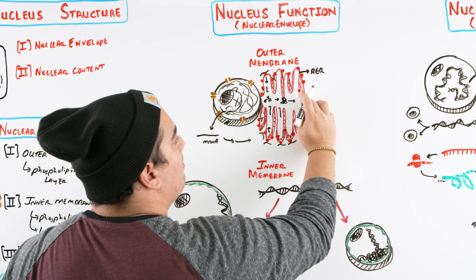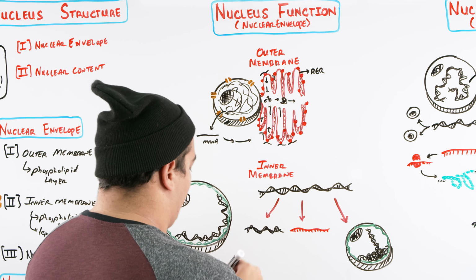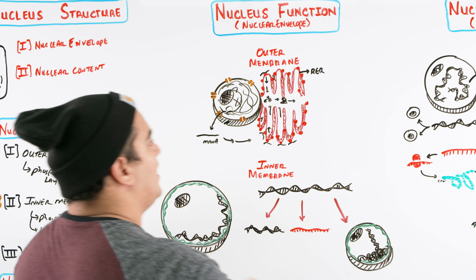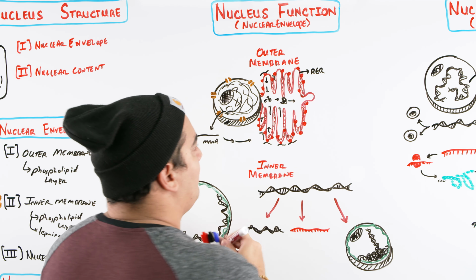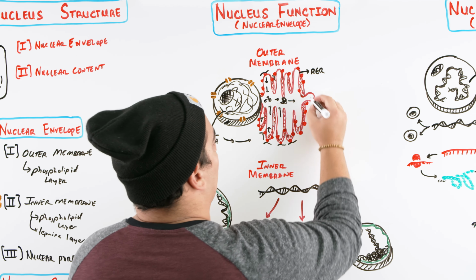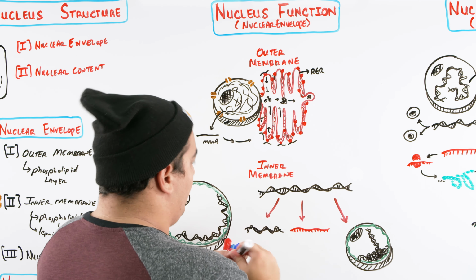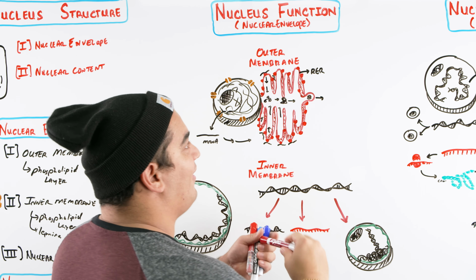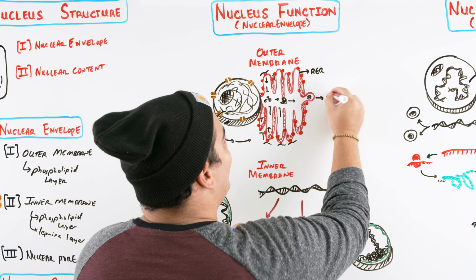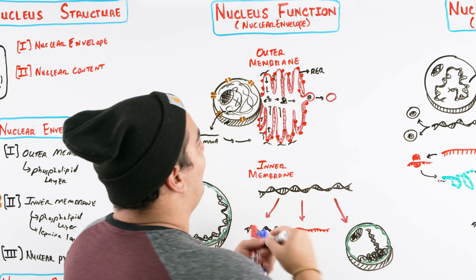Then, when it's done being modified, the ER says, okay, I'm done modifying you. Let me bud a piece of you off into this vesicle here, break you off, and send you somewhere else to get further modified. That's one of the really cool concepts of the outer membrane.